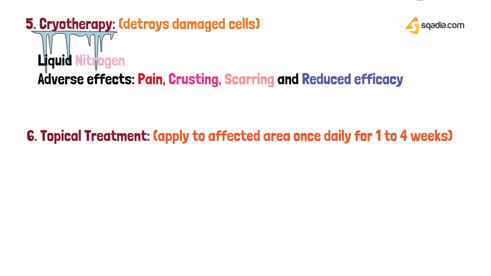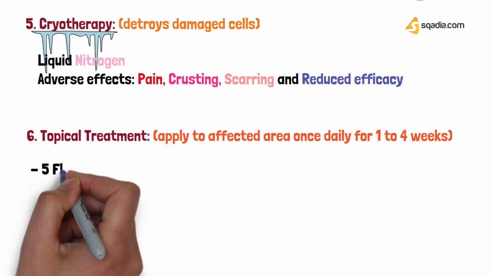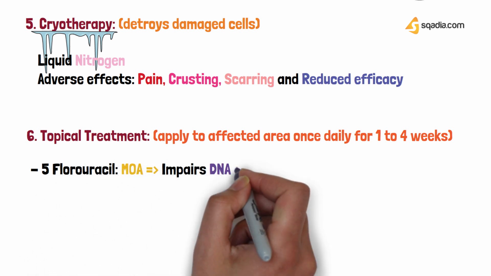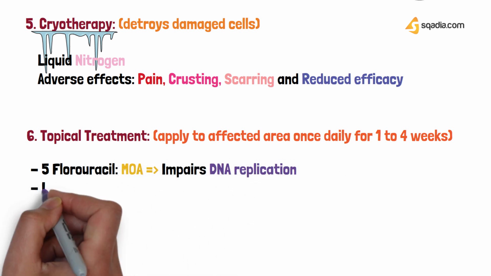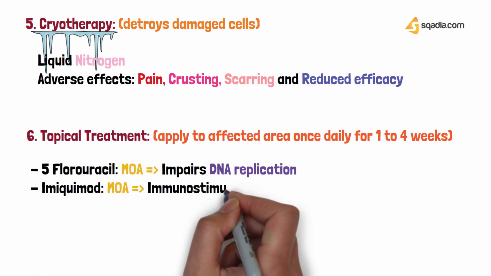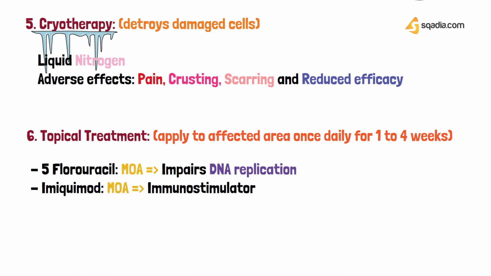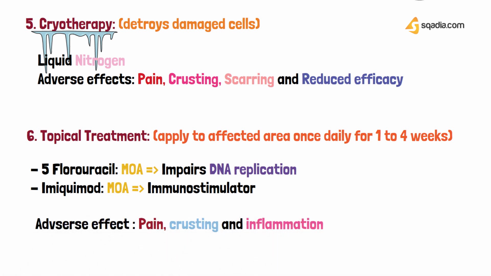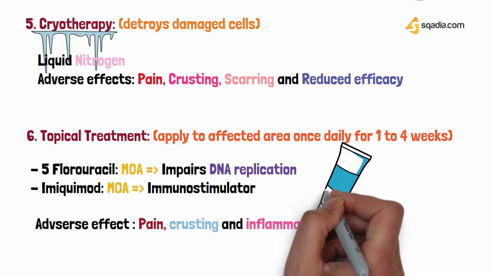An ointment is applied to the affected area once daily for around 1 to 4 weeks. 5-fluorouracil: its mechanism of action is that it impairs DNA replication. Whereas imiquimod is an immunostimulator, so it stimulates the immune cells to create an immunity for the body to fight the malignant cells. Its adverse effects include pain, crusting, and inflammation.